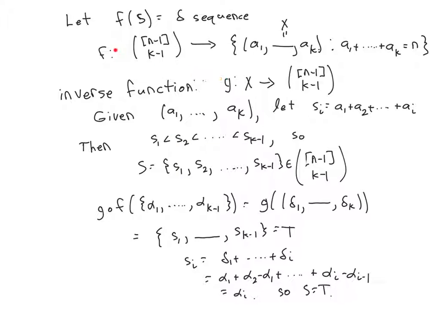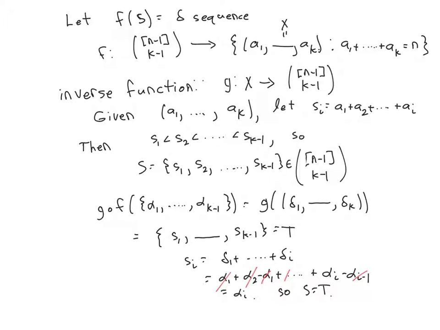And so to show that these two functions are actually inverses of each other, we do the composition. Given one of these k minus 1 subsets, f is supposed to turn it into the delta sequence, and g is supposed to turn that into this collection of partial sums. Well, the ith partial sum is the sum of the first i delta sequence entries, but delta 1 is alpha 1, delta 2 is alpha 2 minus alpha 1, and so on, and we see yet again the telescoping series phenomenon, and we end up with just alpha i.